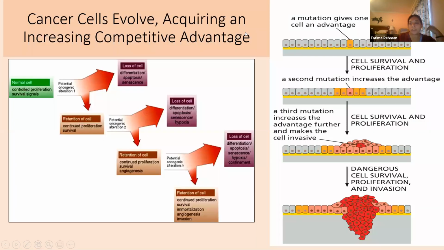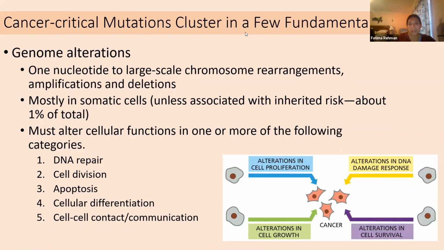Now, going back to the point that we get mutations all the time, but we don't get cancer all the time, it's because to get cancer, you have to have mutations in one of 5 key pathways. Those pathways include DNA repair pathways. Obviously, if one of the critical repair pathways is shut down, you're more likely to accumulate mistakes that should have been repaired.